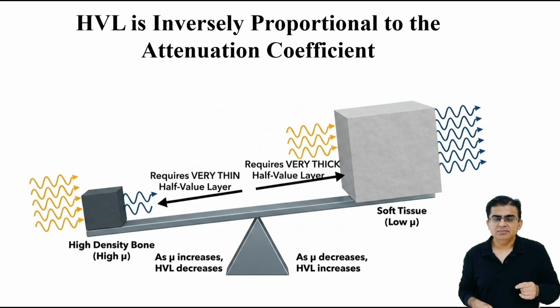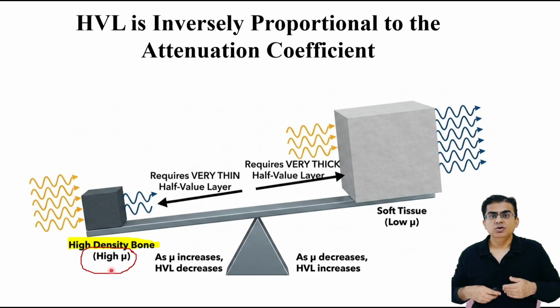We all know that bone is very heavy and very dense material. Because of this high density, bone has a very high linear attenuation coefficient. In our formula, this means bone has a high mu. It is excellent at stopping our X-ray photons.